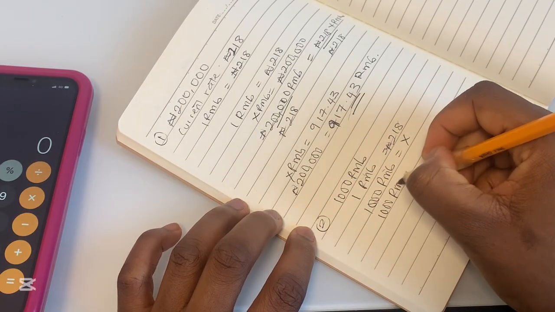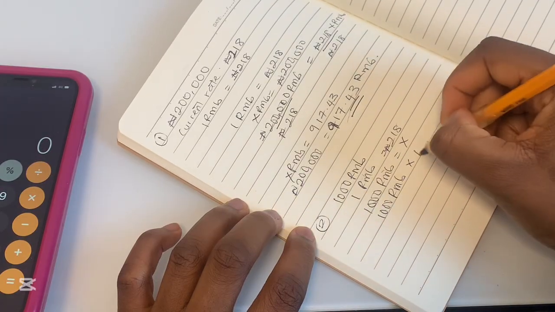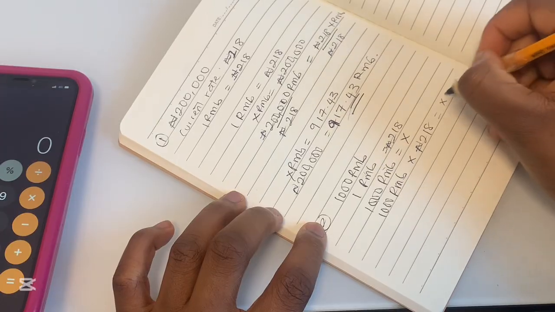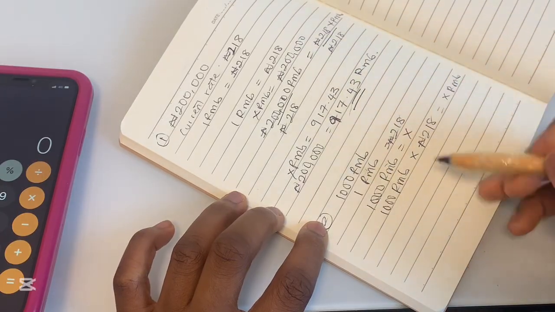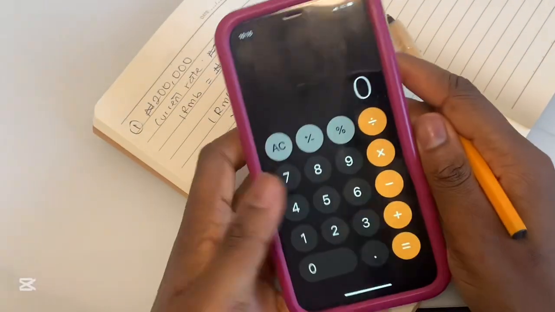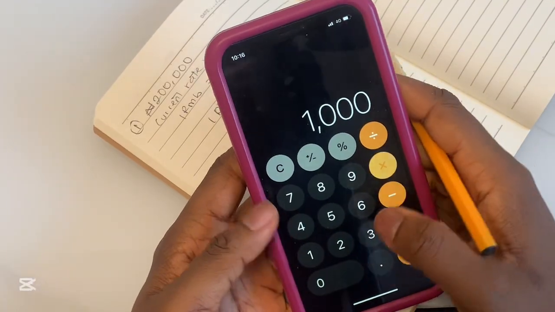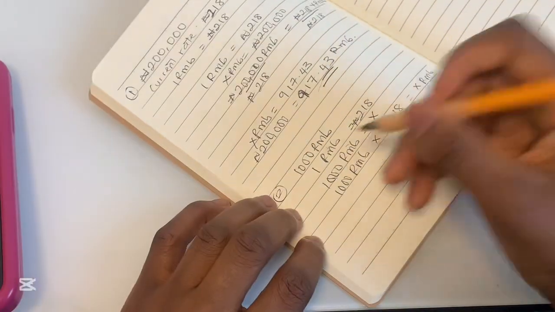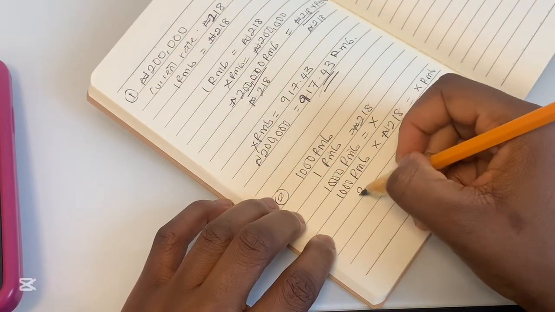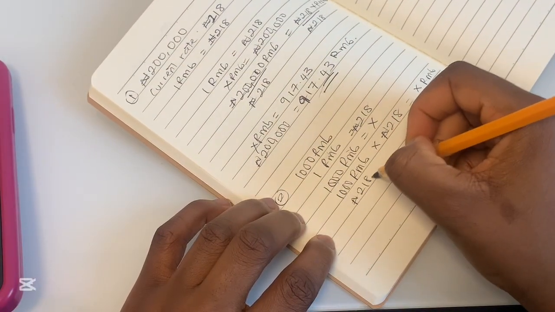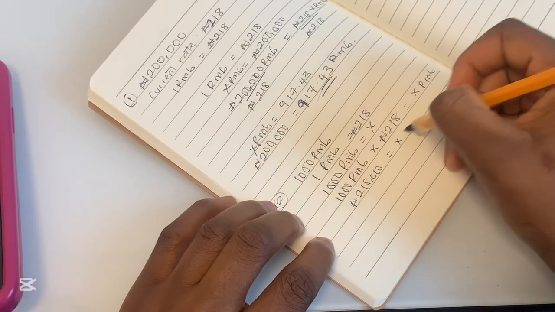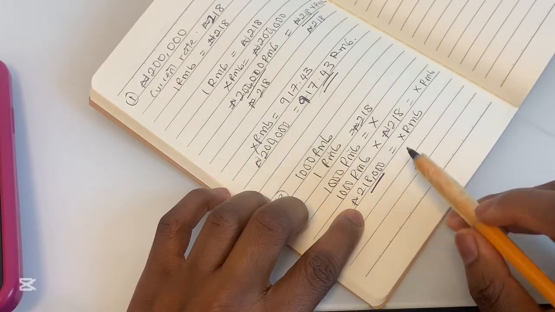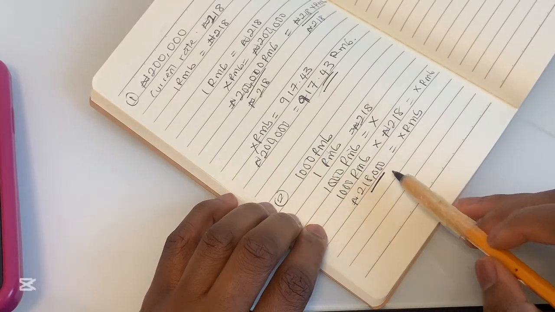You just multiply 1,000 by 218 naira, and that will give you 218,000. So what you're going to pay is 218,000 naira to get 1,000 RMB.